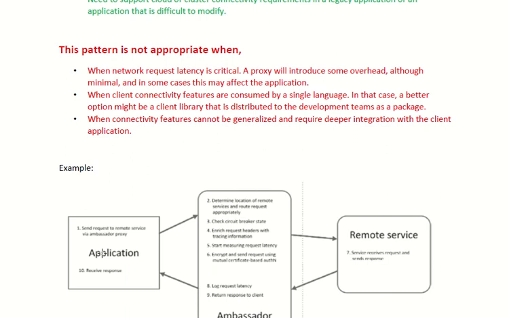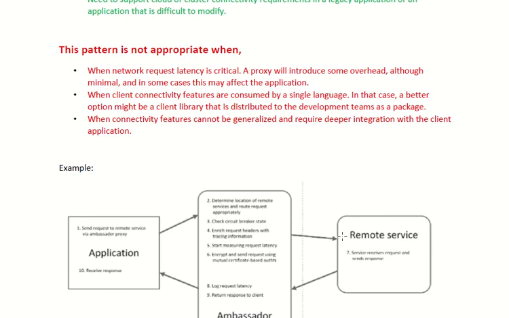So a simple example which I would like to show is send request. There is one application which sends a request to a remote service via the ambassador proxy. The first step is sending the request, which is done by the application. Then it's the ambassador's responsibility to determine the location of remote services and route the request appropriately. Check circuit breaker state.